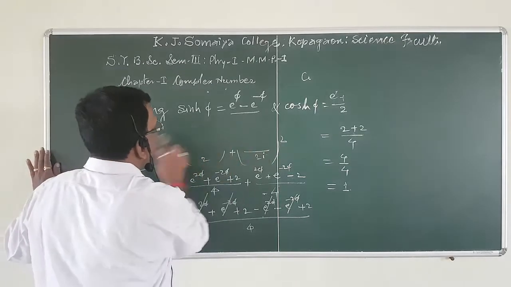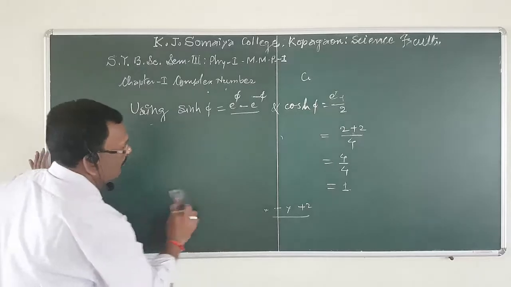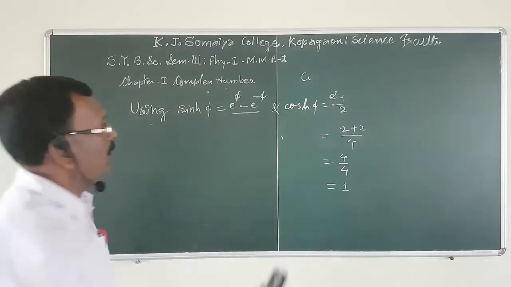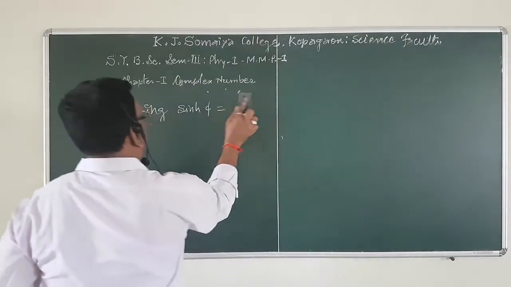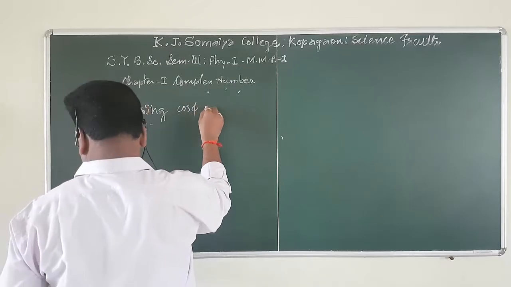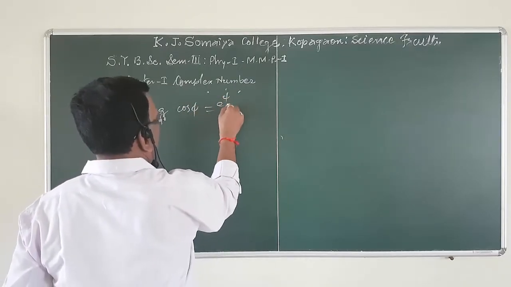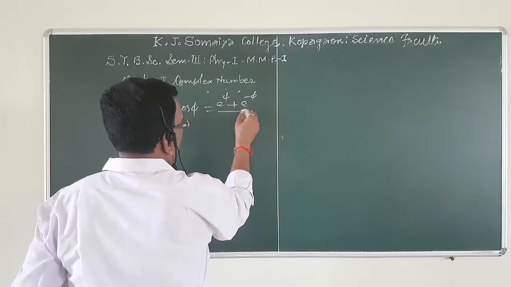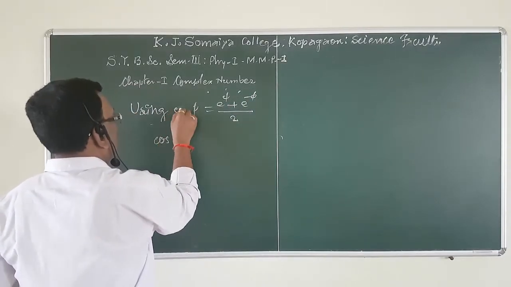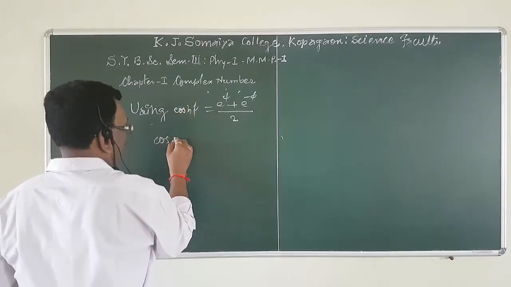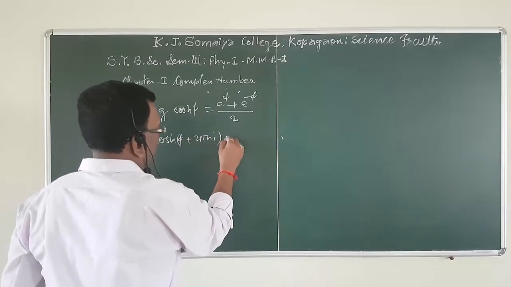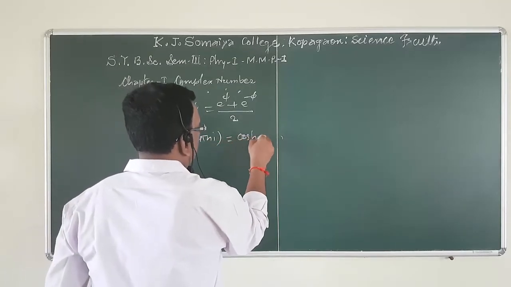Using cos phi is equal to e raised to phi plus e raised to minus phi upon 2, show that cos of phi plus 2 pi n I is equal to cos phi.